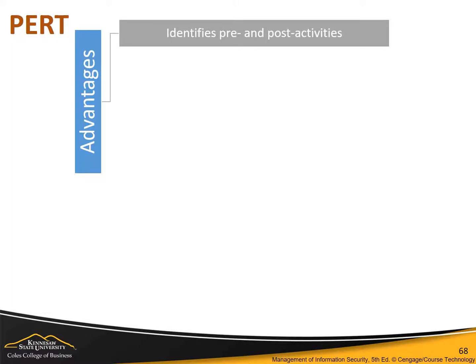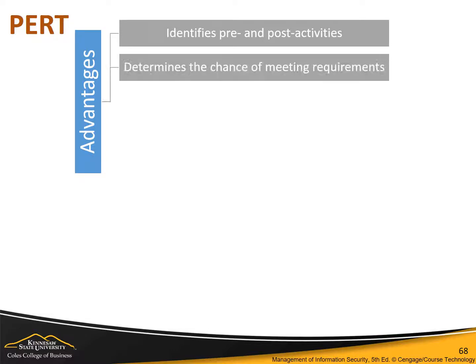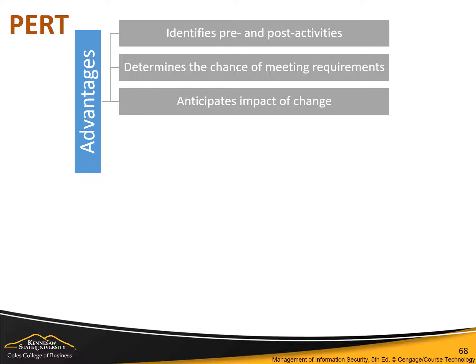Like any tool, PERT has advantages and disadvantages. The advantages include it makes planning large projects easier by helping identify pre- and post activities. It also allows planning to determine the odds of meeting requirements. Further, PERT anticipates the impact of changes on the system as a whole and not just a single task or activity.